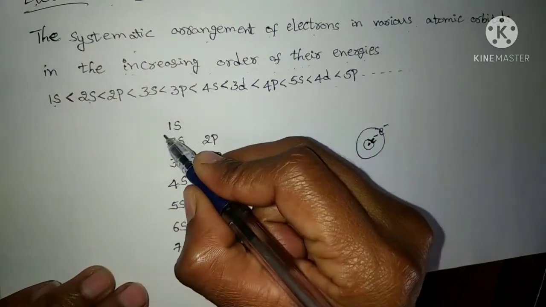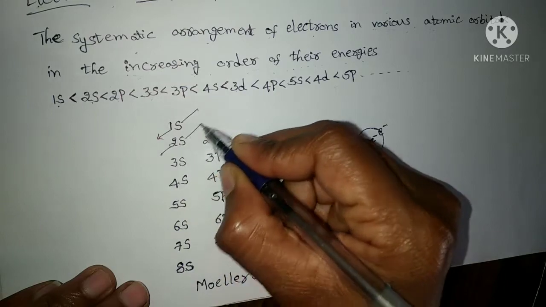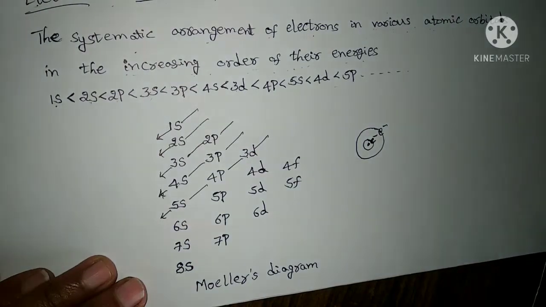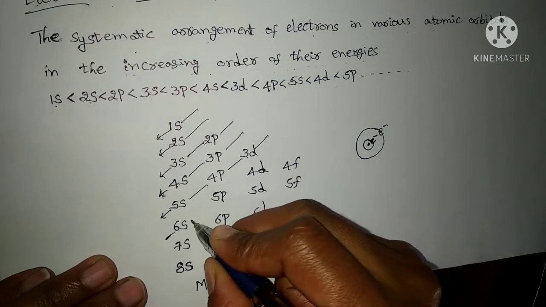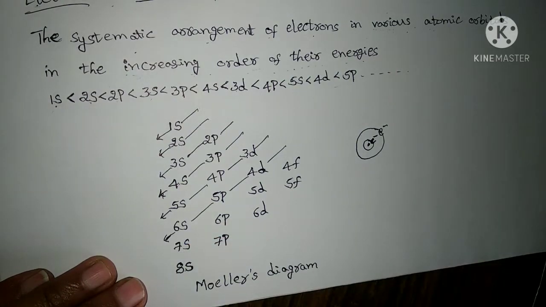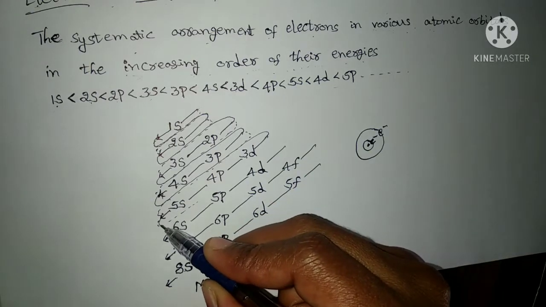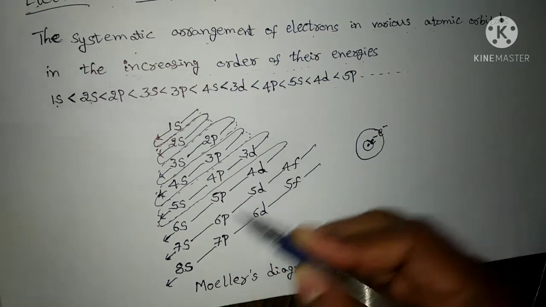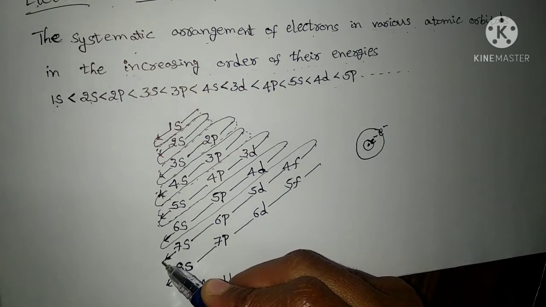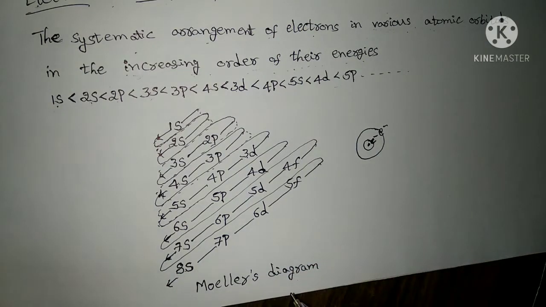See here, I am drawing this diagram like this. Okay, this is Moller's diagram.